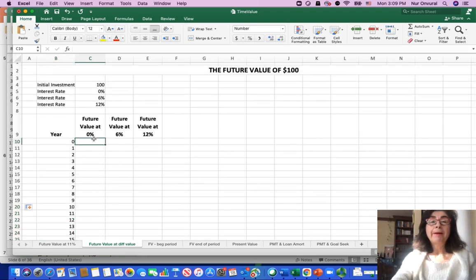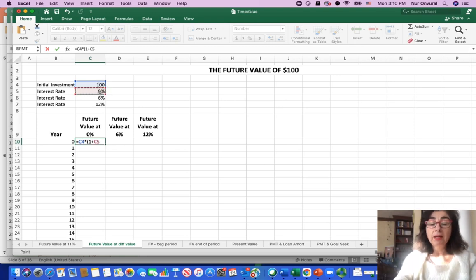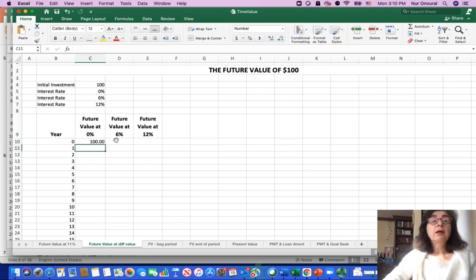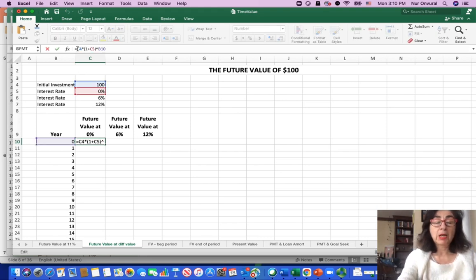And then I'll do the same thing. I will create my equation with the initial investment multiplied by 1 plus the interest rate, which is 0%, raised to the power of the year. And I can fix the first cell, and then fix the interest rate cell.